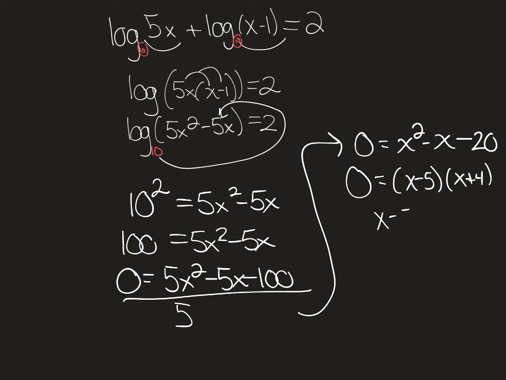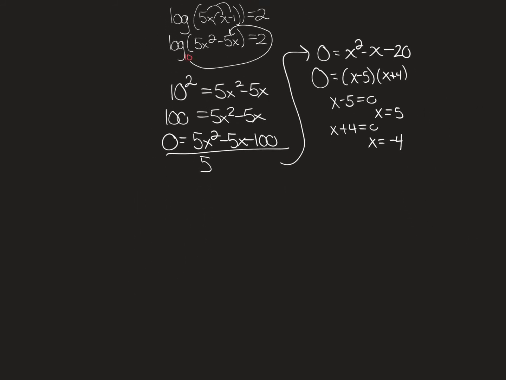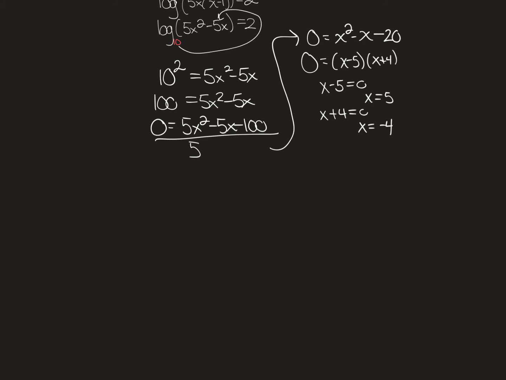You take each piece and set it equal to 0 using your zero product property. So you get x equals 5 and x equals negative 4. So we have to make sure those are not extraneous. Let's check them. So I'm going to go back to my original and plug them in.